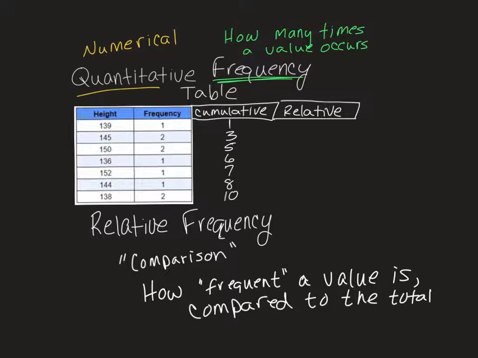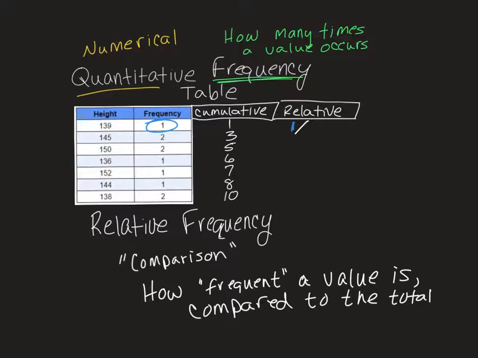I'm going to look at my first value. The first value on the table was 139. There is one person, thing, whatever that is, that has a height of 139. So you're going to take that frequency of 1 and you're going to divide it by the total frequency.